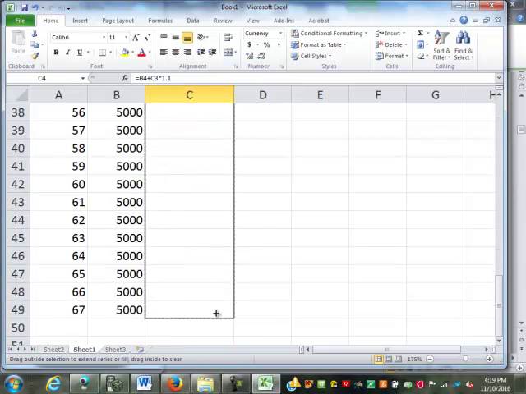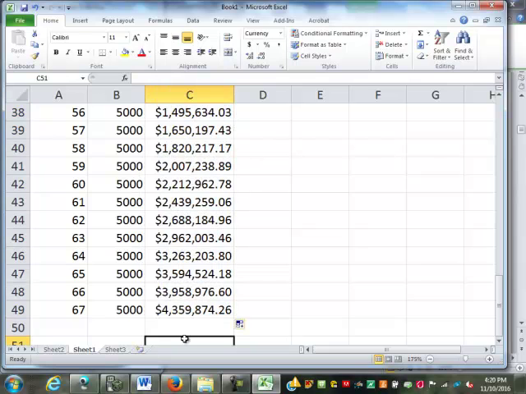So put away that $5,000 every year, starting at 21. Anybody want to guess? Over $4 million, $4.3 million.